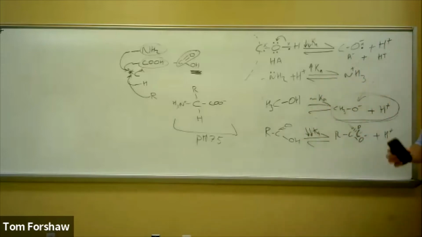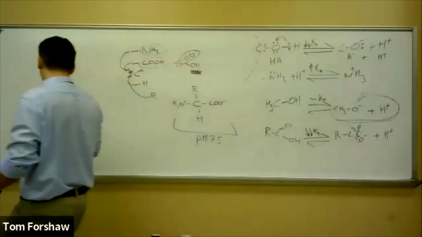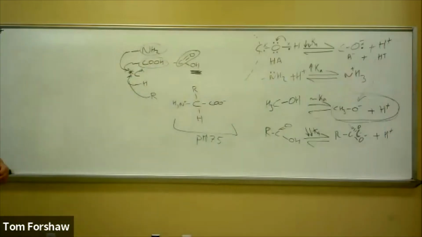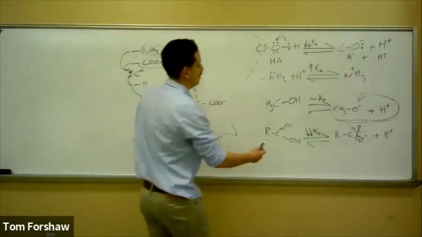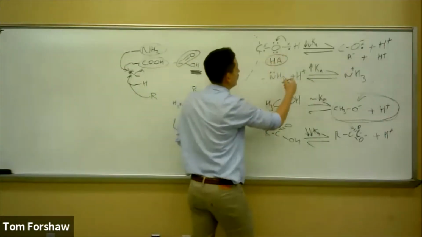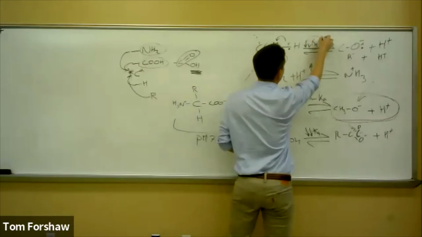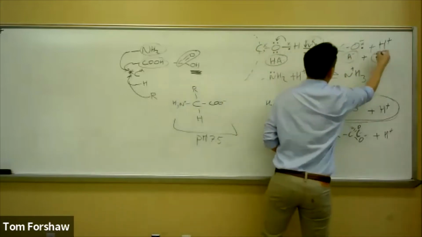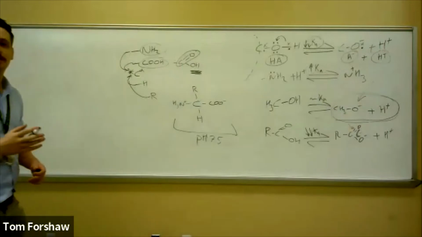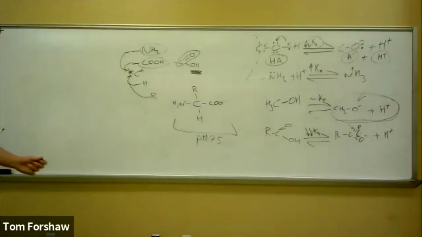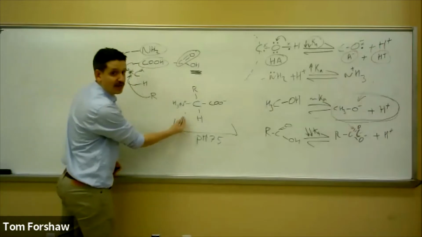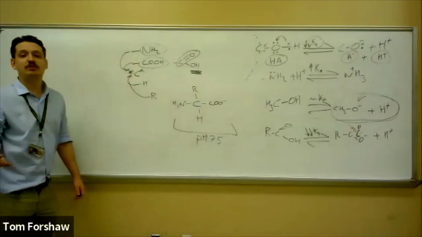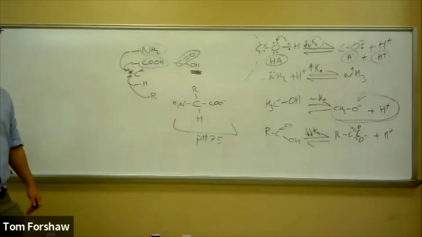And this gets reflected. If I move over here now, we can represent this on a graph. The HA, the equilibrium point, and the A minus and the H plus, we can represent the relationship between these on a graph, and this will help to explain why we get the ionized species and at which pH we get the ionized species, so you can predict it if I give it to you in a question.